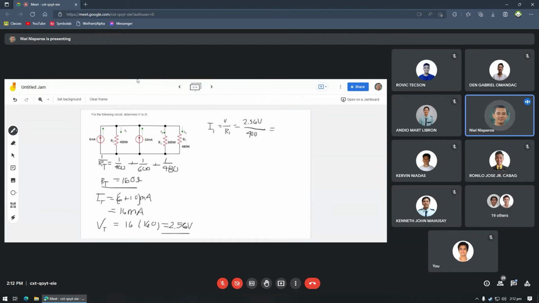So 2.56 divided by 400 is 6.4 milliamperes.